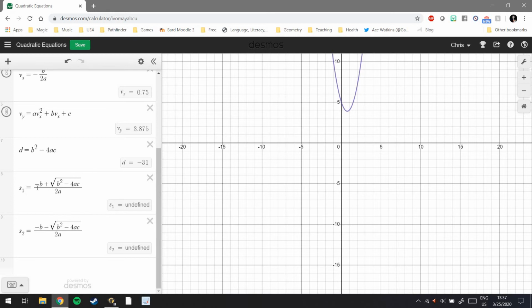These use the quadratic formula. I've got 2 forms. I have negative b plus the square root b squared minus 4ac all over 2a. And then I have the subtraction form. So negative b minus the square root b squared minus 4ac all over 2a.